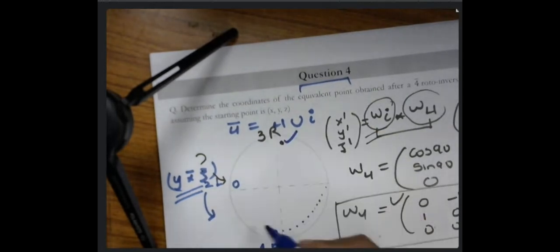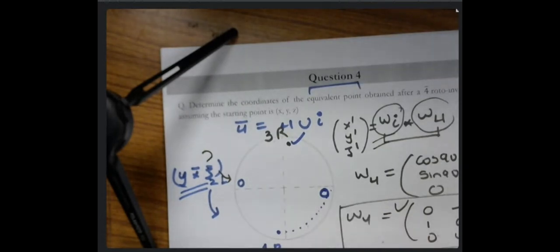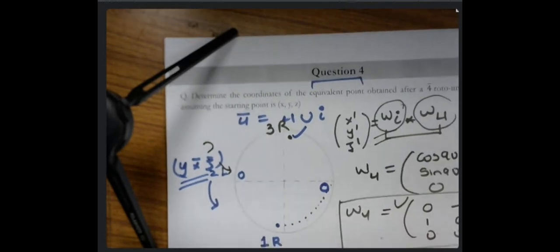So now we have again obtained the coordinates of this particular point. In a similar manner, you can obtain them for this particular point also, which you will get after the fourfold rotation and inversion.